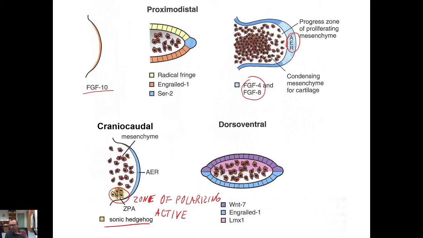And a low level of sonic hedgehog gives rise to formation of the thumb and radial side of the forearm. So it is quite interesting. Also, the dorsoventral axis is established at the very beginning. So everything is quite well understood here.